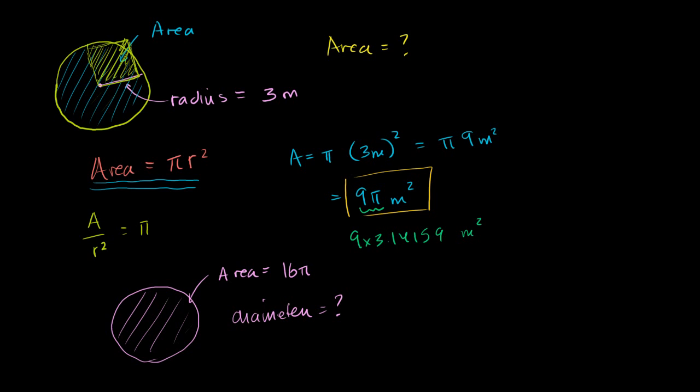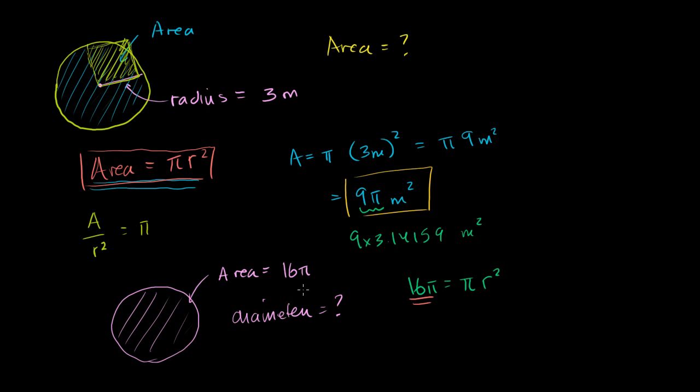Well, we know that area is equal to pi times the radius squared. So at least let's figure out the radius. So the area, 16 pi, is equal to pi times our radius squared. I'm just applying this formula. We're just going to keep applying this formula over and over again when we're dealing with area.